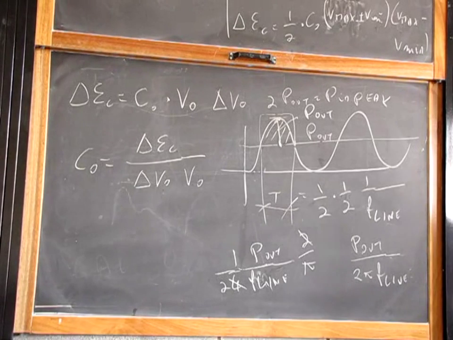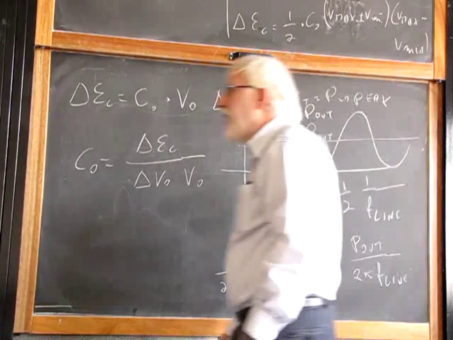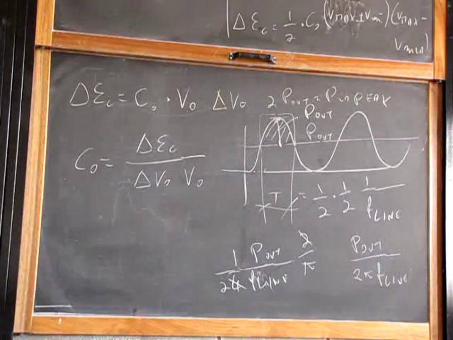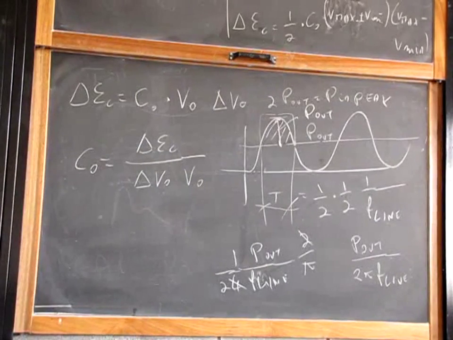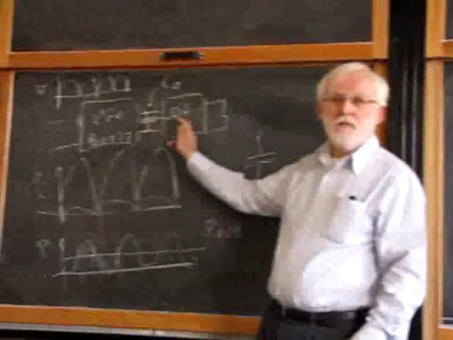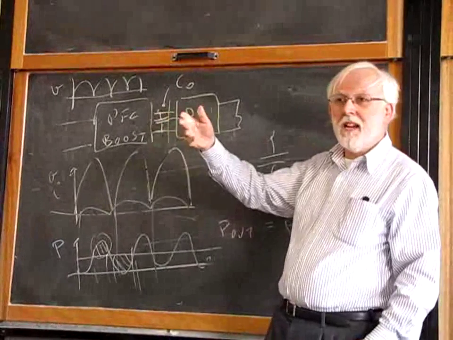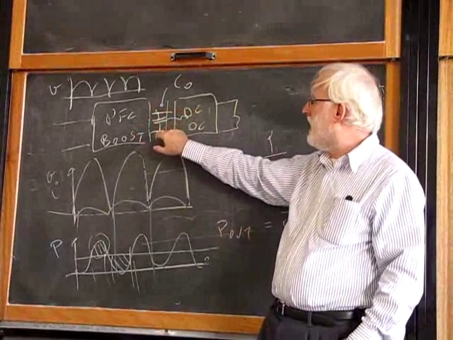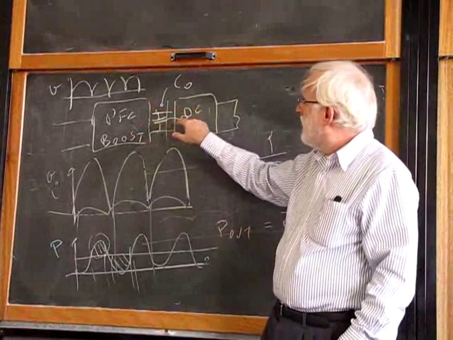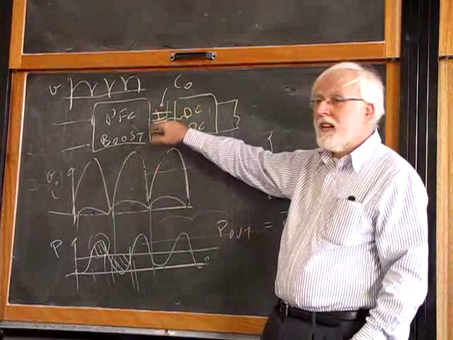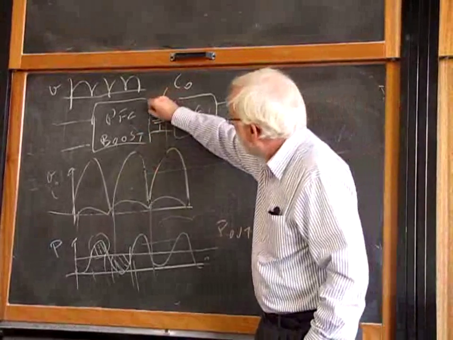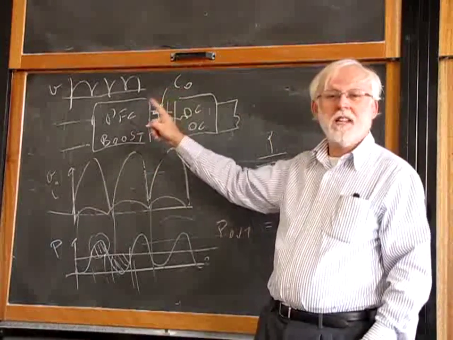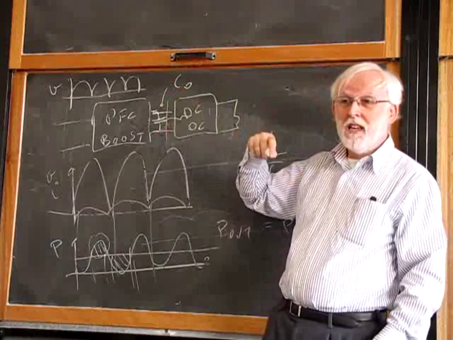There are different ways that are absolutely equivalent. Instead of talking about energy, power coming out from the PFC and going to the load, the extra energy must be stored over here, and lacking energy must come out from the capacitor. Instead of energy, you can talk about current. You can find out how much current comes out, and the current that comes out is proportional to the input power.